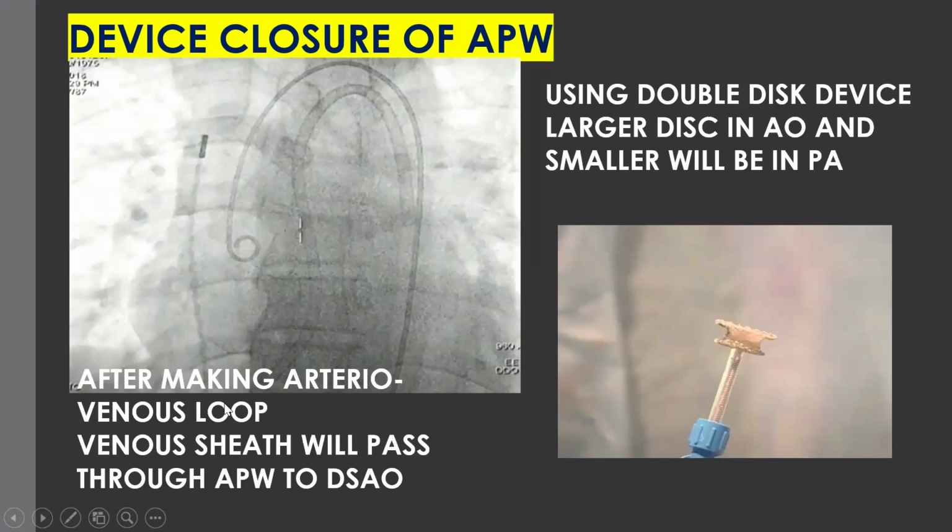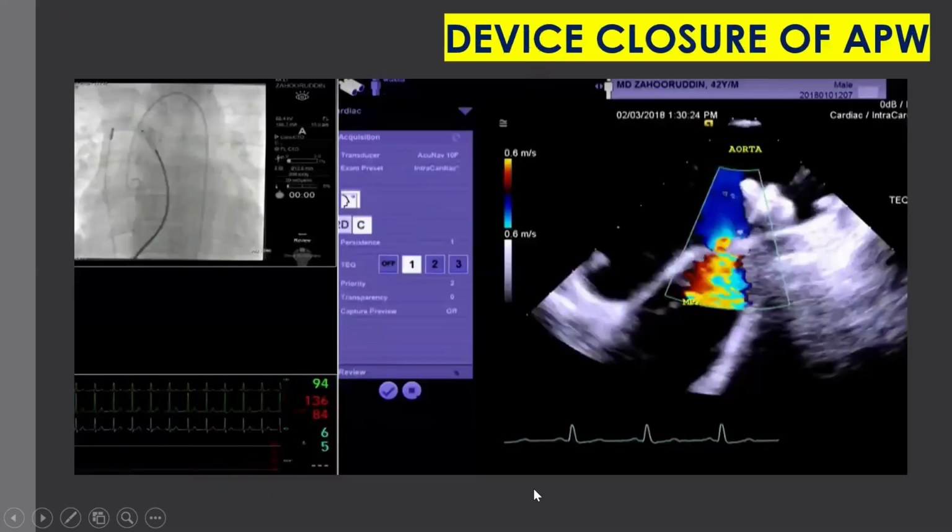So after making the arteriovenous loop, the venous sheath will pass through the aortopulmonary window to the descending AO, and then the defect through the intracardiac echo you can make out very nicely. It's like a dove pattern coming towards the aorta, and this is the pulmonary artery.